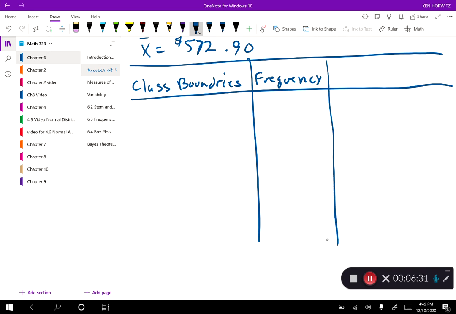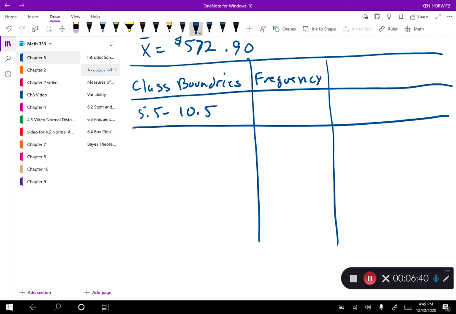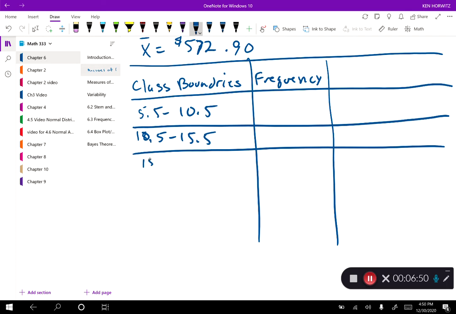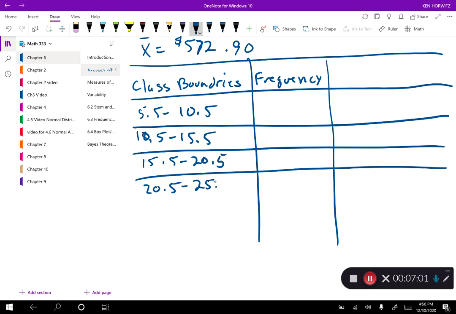And let's say we said 5.5 to 10.5, 10.5 to 15.5, 20.5 to 25.5. Our class boundaries will always have uniform widths.